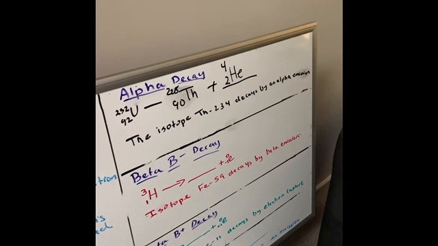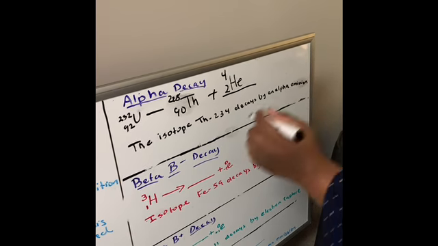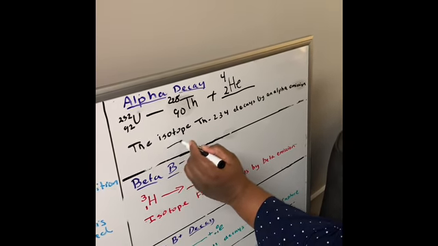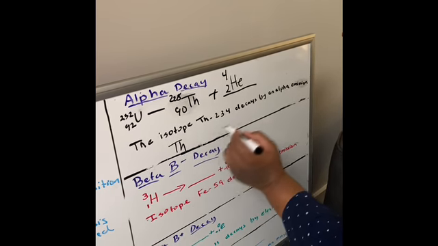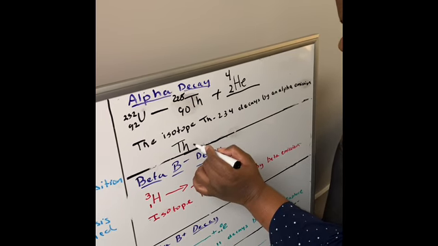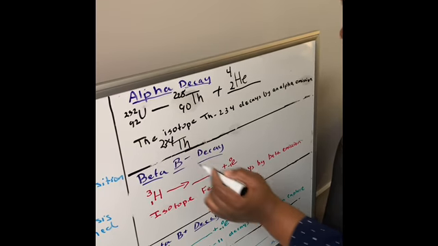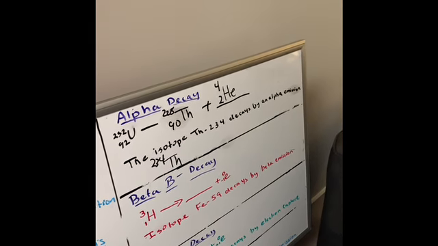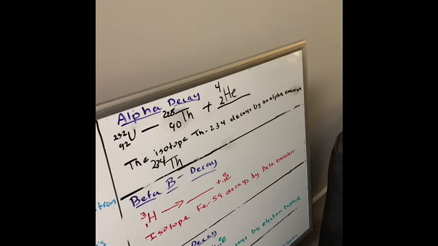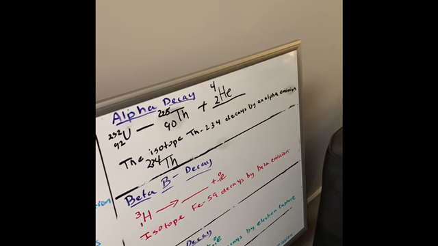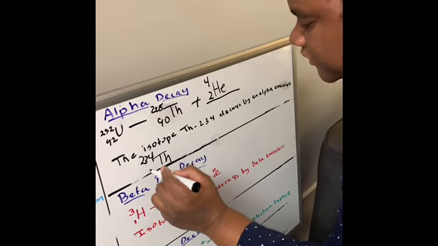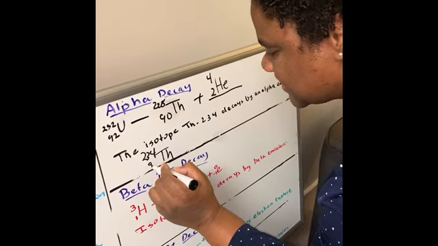And so we know that because thorium is 234 in its atomic mass, we can look at the periodic table and determine the atomic number for thorium, and that is 90.